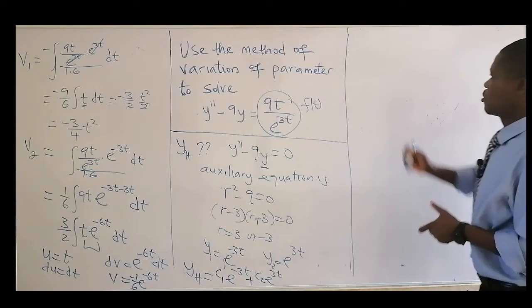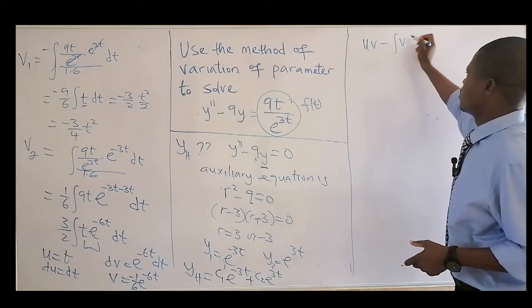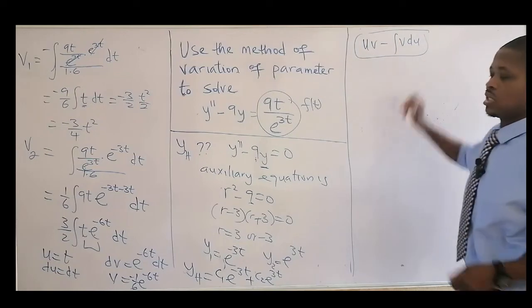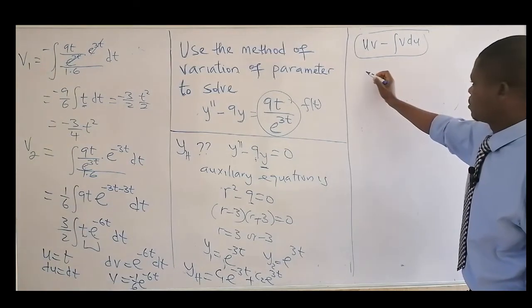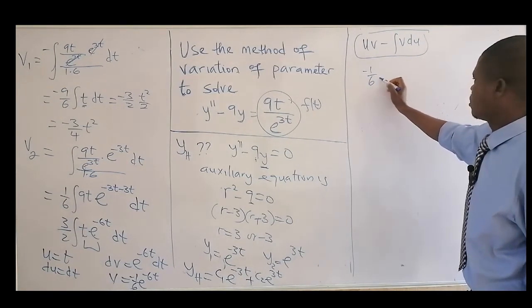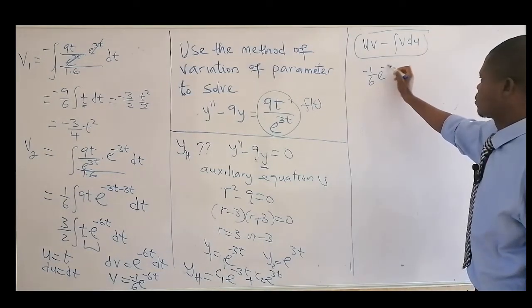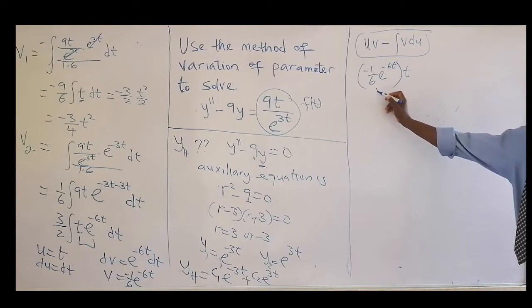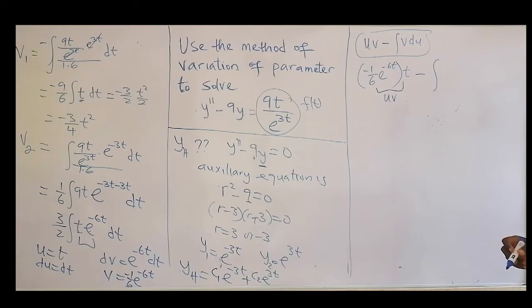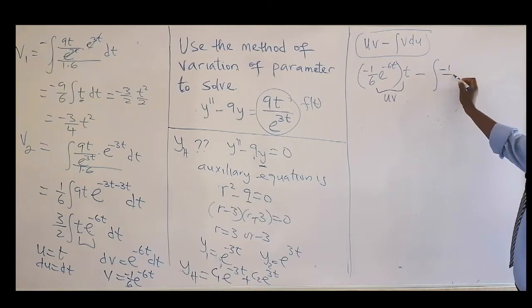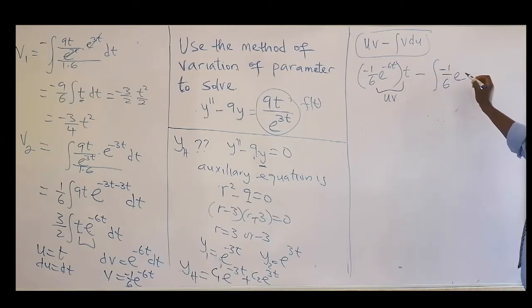So the next thing to do now is your formula for integration by parts, which is the integral of u dv. So I'm using this one, and that will be equal to uv, which is minus 1 over 6 e^{-6t}. So this is our uv, then minus the integral of v, which is minus 1 over 6 e^{-6t}, du, which is dt.